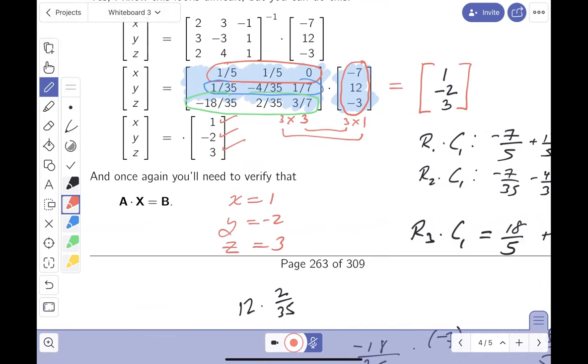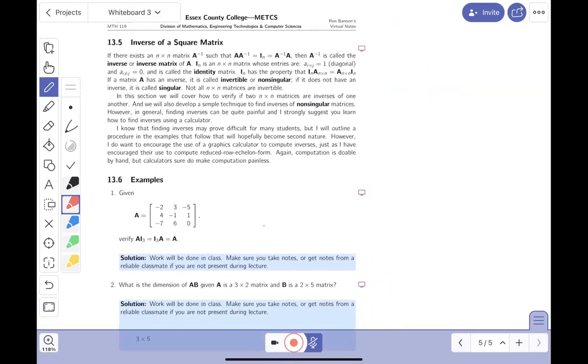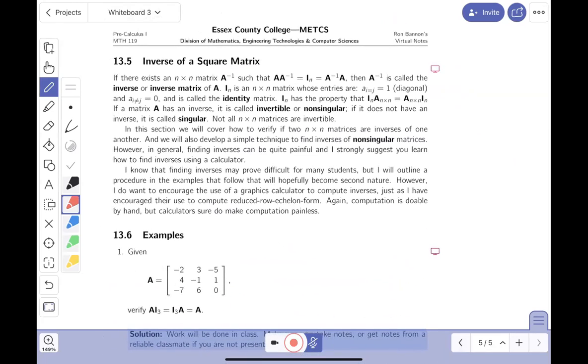You want to move forward, though. All right. It's going to be tough. We'll go through it, though. The inverse of a square matrix, right?